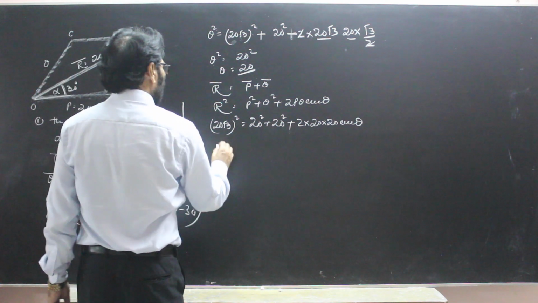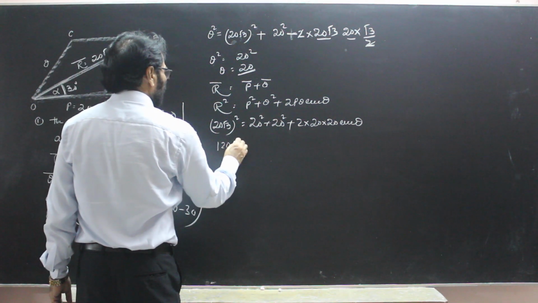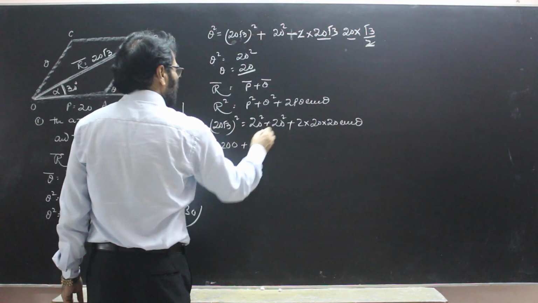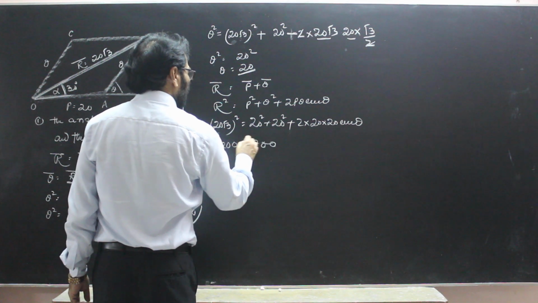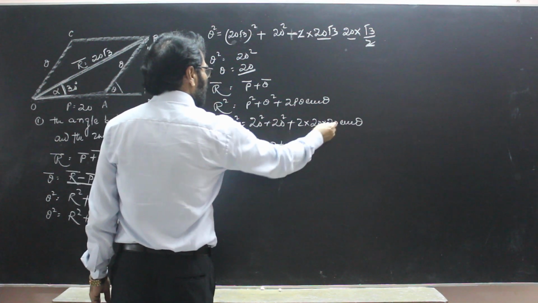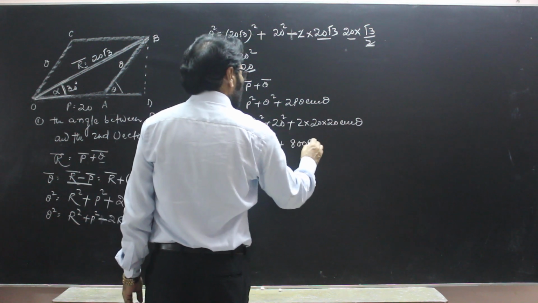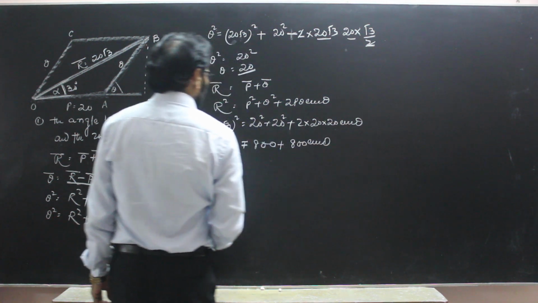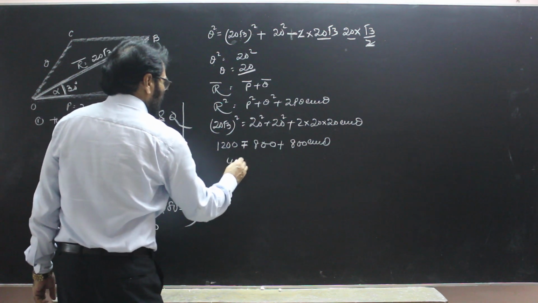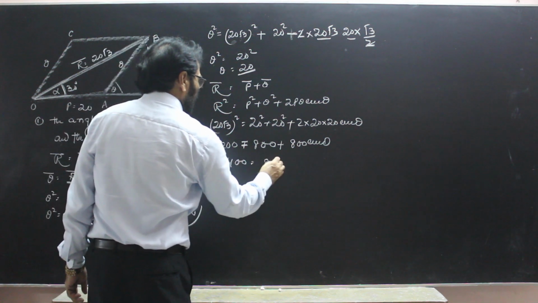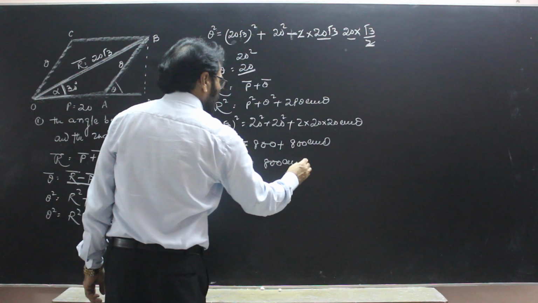Now this is 1200. This is 800 and this is 800 cos theta. So 1200 minus 800 is 400, which is 800 cos theta.